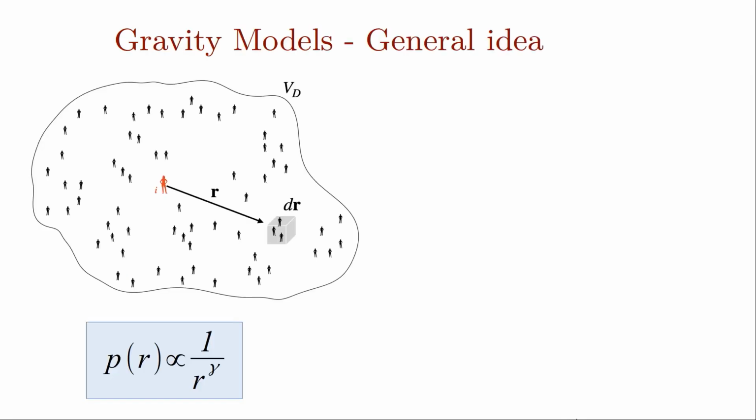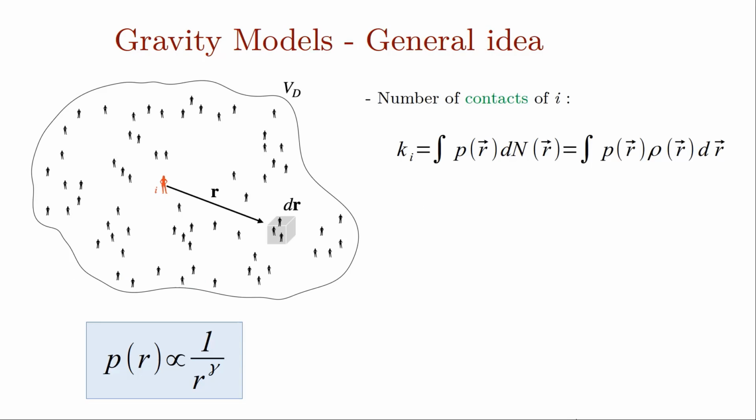Now, in the case of the gravity models, you also try to find some general idea so that all those other gravity models can be interpreted as a particular case, right? The idea is that I need to compute the number of contacts that the people have. We have here the probability of interaction, that is the gravity idea, right? The k with the distance, and the spatial distribution of the population, right?